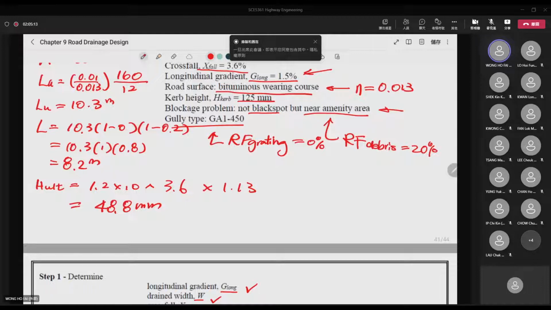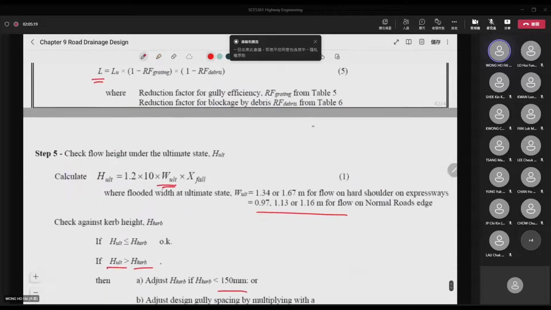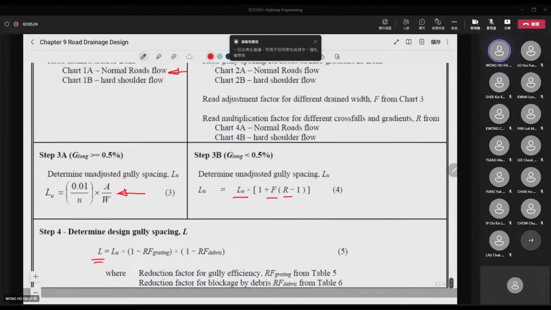Okay, then this one is more than 125 mm. So actually this is okay.